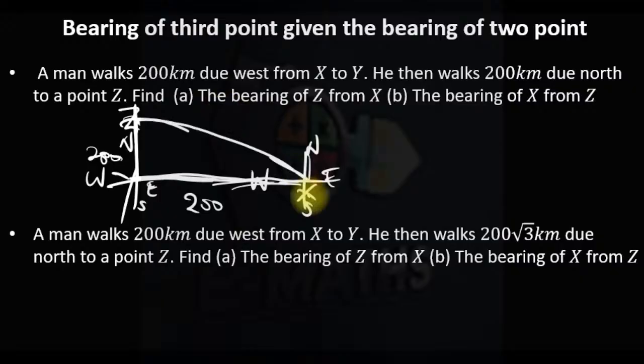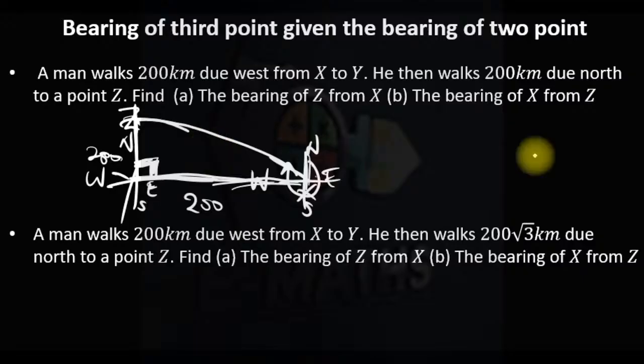From X, so this is X. We have to get this angle, and as you can see, we have a right angle triangle.